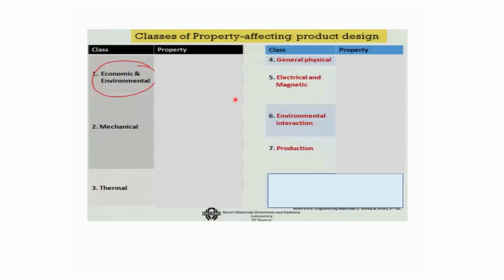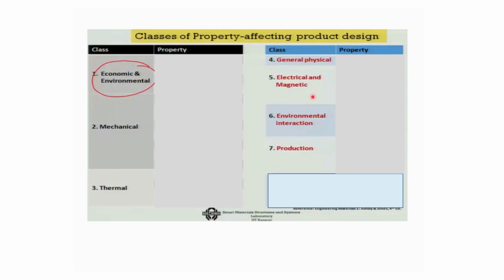Now in this table, we can see different classes of property that affect product design. We have actually eight parameters for grading material property. Number 1 is economic and environmental, then mechanical, thermal, and general physical.